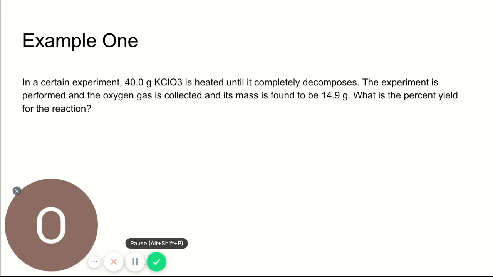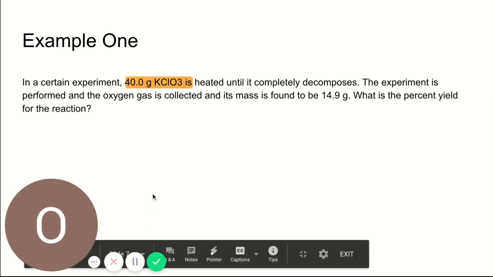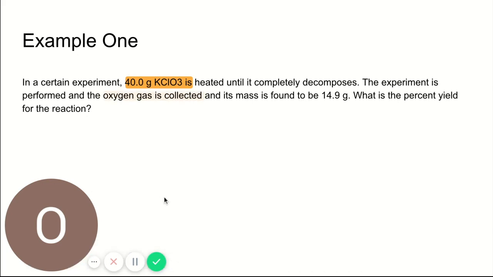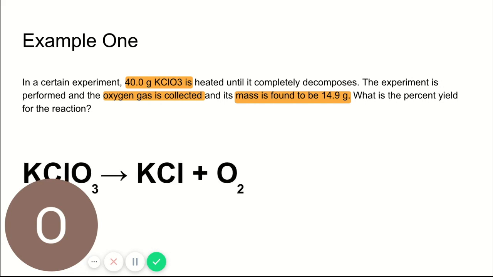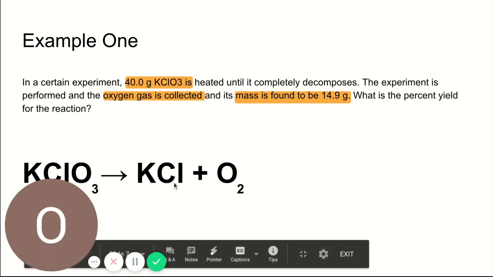Okay, so what's important to note here is that we have 40 grams of potassium chlorate, and we are looking for the theoretical and actual yield of oxygen gas, and the actual yield is 14.9 grams in this scenario. And the equation that we have here is potassium chlorate into potassium chloride plus oxygen gas.